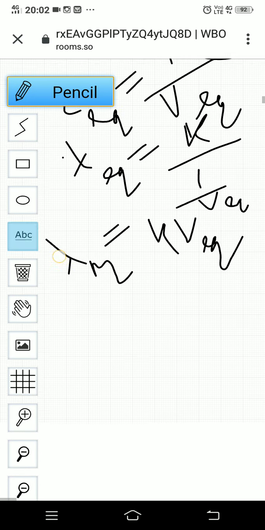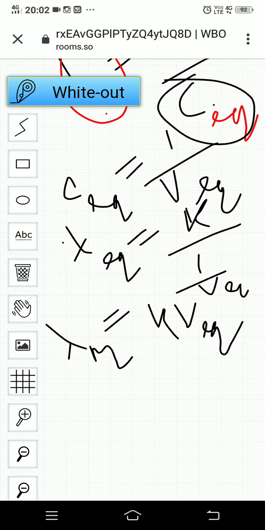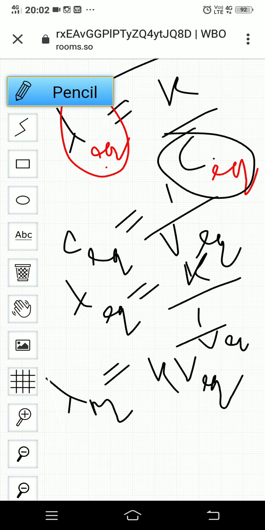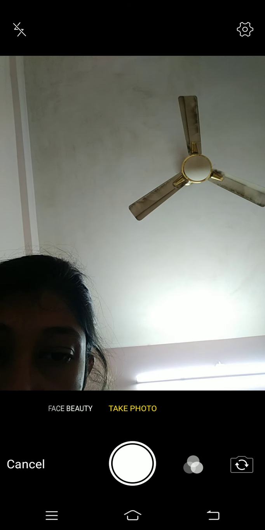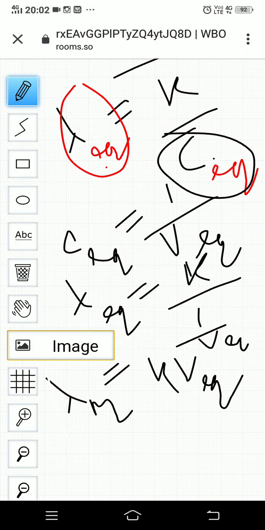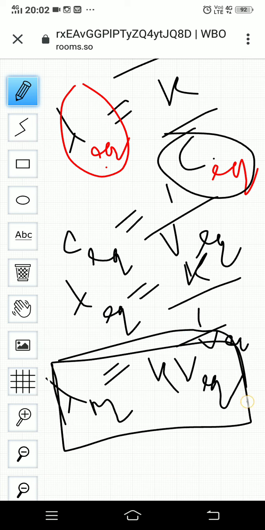Okay, this becomes my formula. This becomes my formula. Okay, so V equivalent is known as the volume of the solution in centimeter cube containing 1 gram equivalent of the electrolyte.